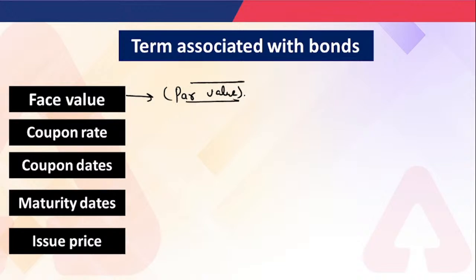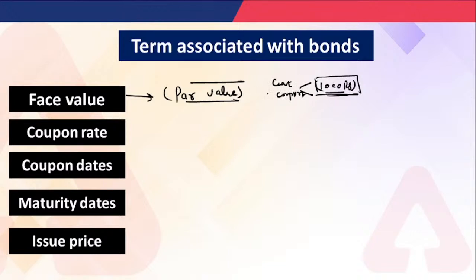That represents the amount borrowed by the firm, the government, or the corporation, which it promises to repay after a specified period. Like we mentioned in the previous example, suppose that any government or corporation issues a bond with a face value of 1,000 rupees.